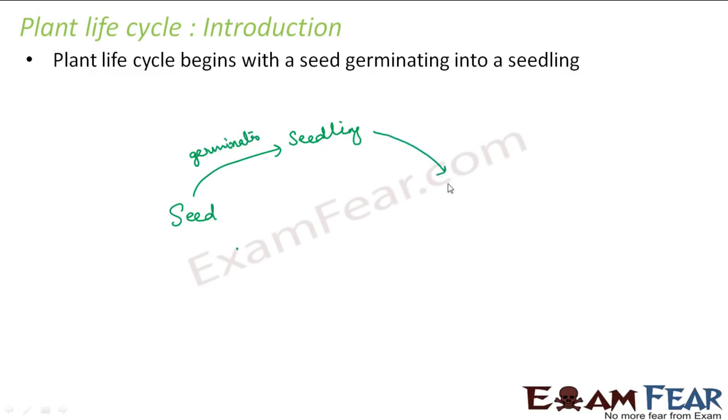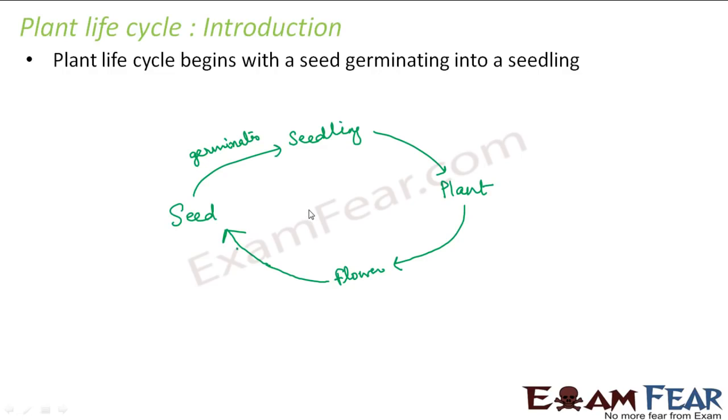This seedling then grows to form a plant. This plant will mature. Now when the plant matures, it has the reproductive structure, that is the flower. Now with the help of this flower, reproduction takes place and seed is formed again. So this is how a general plant life cycle is.